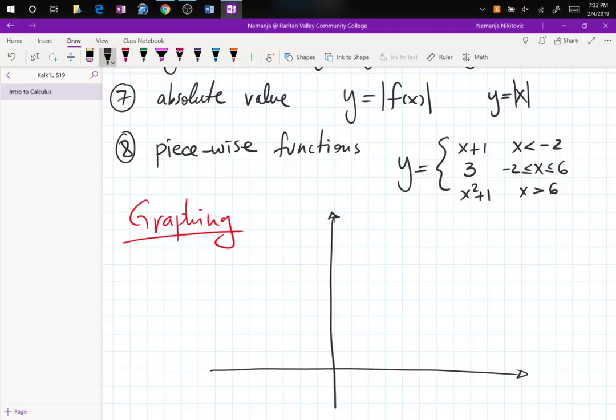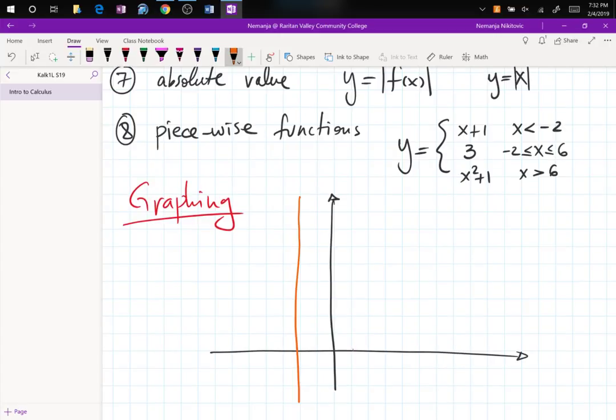I see a barrier at -2. I'm going to draw orange barriers and then delete them later. 1, 2, 3, 4, 5, 6. So these are my barriers. X and y.